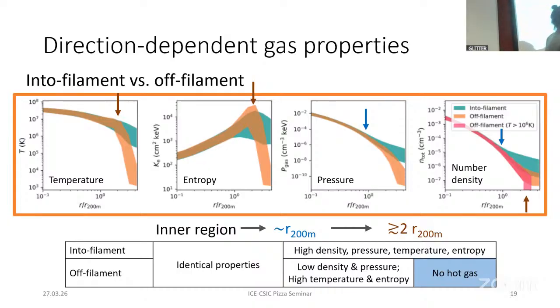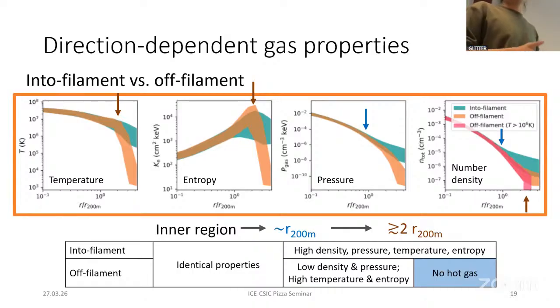And the entropy is the same. In the filaments, you have high entropy gas, but in the voids, the entropy is really low. And the pressure is similar, but the difference happens at the inner radius. At about 1 times R200m, we see a difference in the pressure in the two different directions.